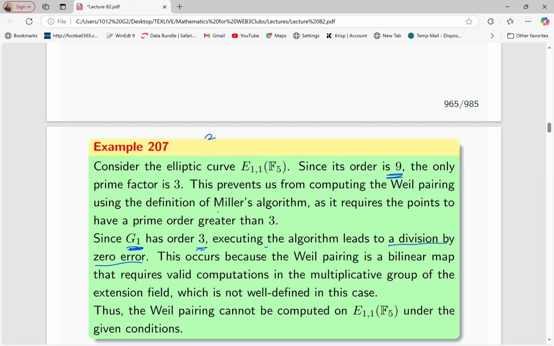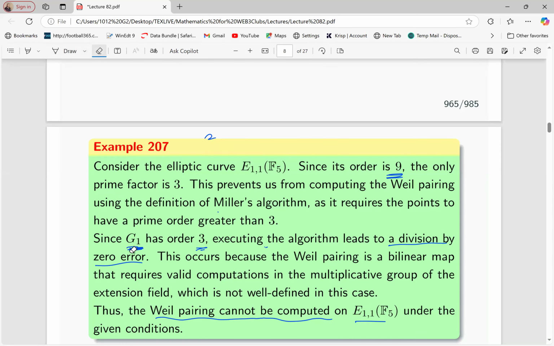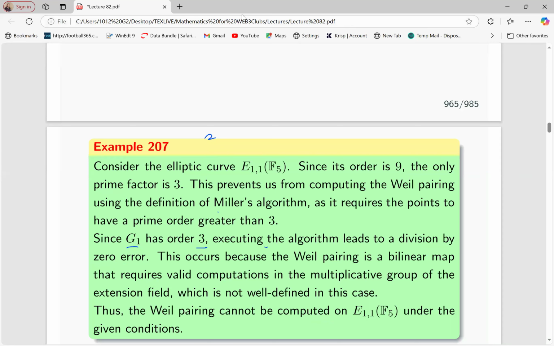And when that happens, it means Weil pairing cannot be computed on this. So even if you were to get G1, get G2, pick an element from G1, pick another element from G2, and try to do Weil pairing, you will discover that it's not possible. Let's just see.